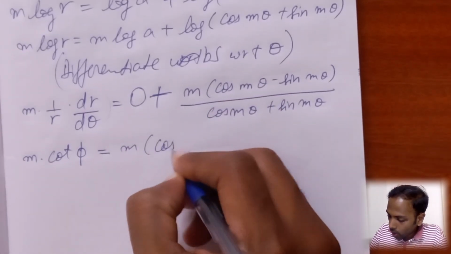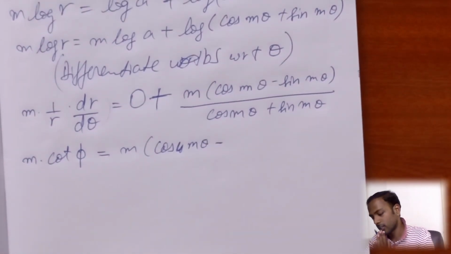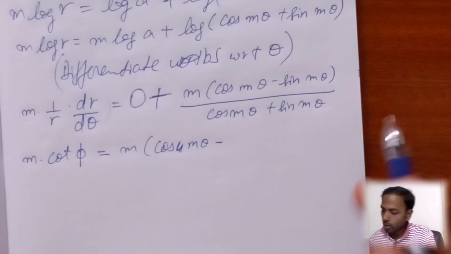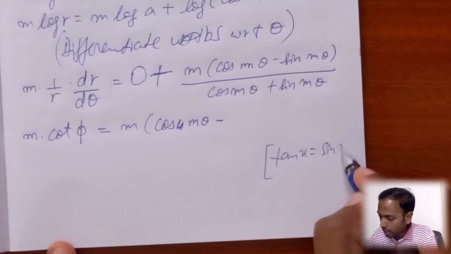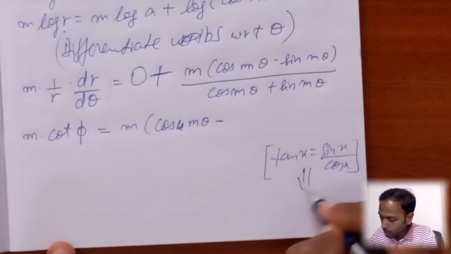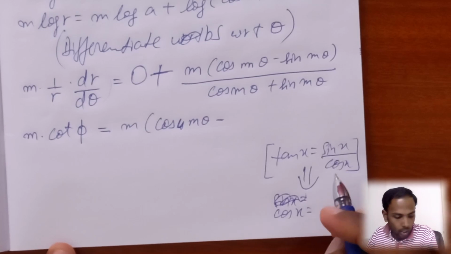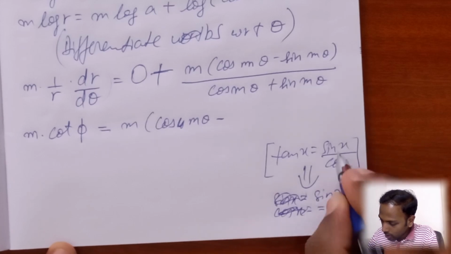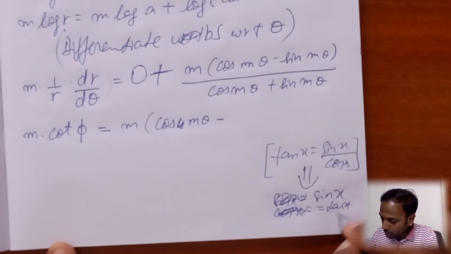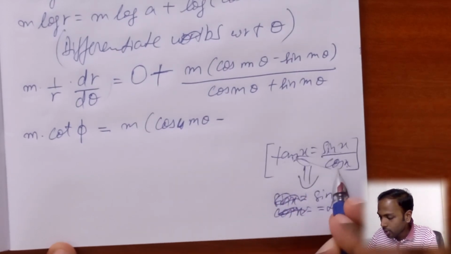So m into cos m theta minus, now how can you simplify this? We all know that tan x is sin x by cos x, am I right? From this expression, sin x is nothing but, cross multiply, tan x into cos x.